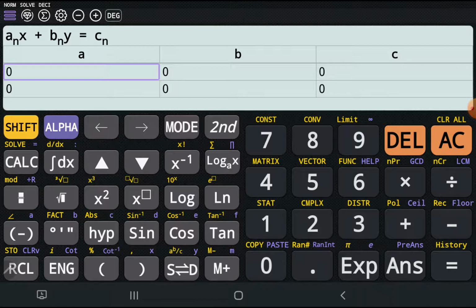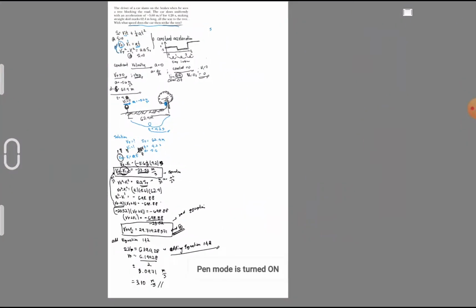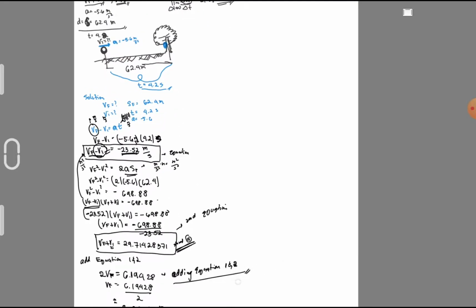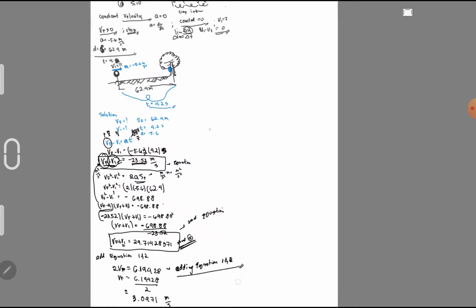sa calculator nyo mismo. So, what are our inputs? So, we have VF as 1. So, take note ng VF nyo. So, ilalagay ko siya sa column A. VF will be at column A. Pag sabihin natin ito yung calculator nyo, meron tayong A, B, C. Tama?